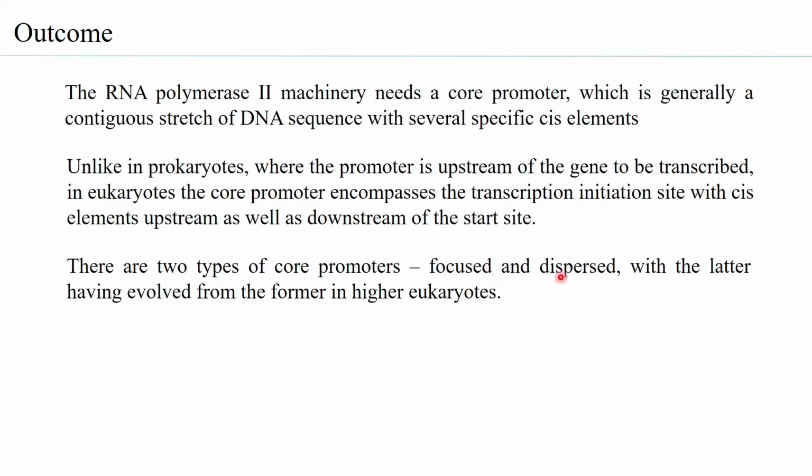But the understanding between the two is that the focused type considers only a very short stretch of DNA sequence within which you have the start point or the start points present. That means you can also have multiple start points over here. But in case of dispersed, it's definitely multiple start points, but not a very short sequence of DNA. It is across a broader sequence of DNA.